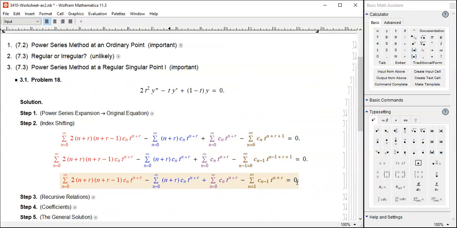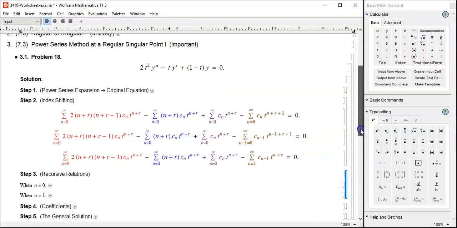Unlike the previous case when we had ordinary points, I cannot change this summation just blindly into n going from 0. It doesn't work this way. We have to consider the n equals 0 case separately, and that generates the appropriate r value.